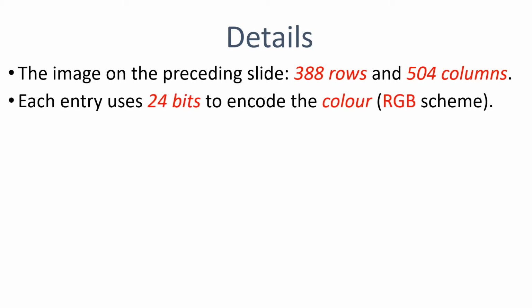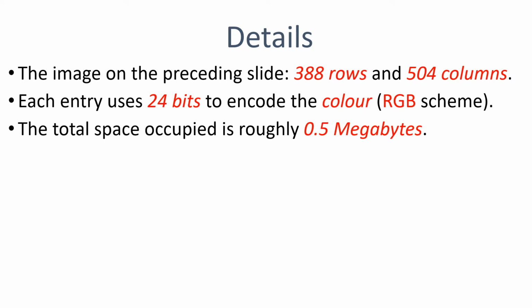The way in which the colors are encoded, we use 24 bits to encode the color of any pixel, and that's in one of the standard color encoding schemes, the so-called RGB scheme. The total space we take up when we combine this, this, and this is roughly half a megabyte.